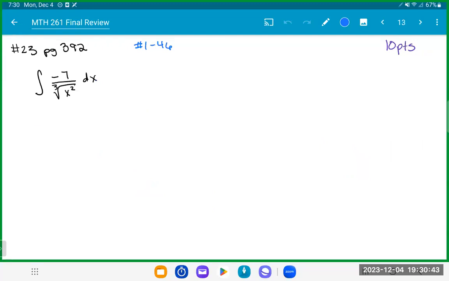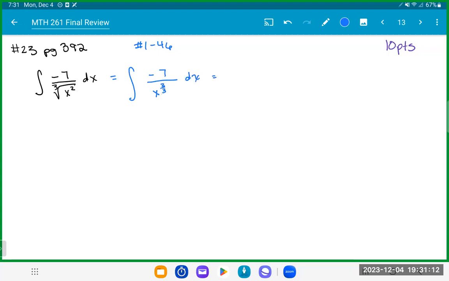Okay, so for this first one, we have an integral, and we want to first convert the denominator into a fractional form. And so that's going to be the integral of -7 over x to the 2/3 dx.